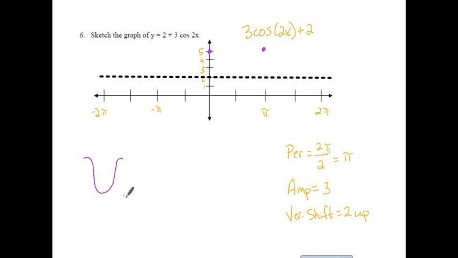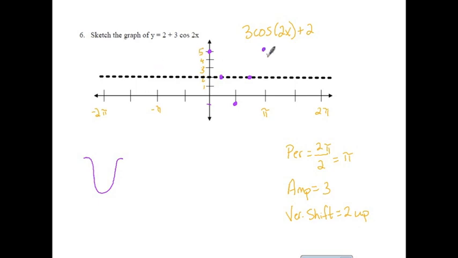Okay, halfway between those is your lowest point. Halfway between those is half of the pi there, and we've got to get as low as we're going to get. Well, we've got to go 3 down from our dotted line, so it's 1, 2, 3 right there. Halfway between these, we're back on our x-axis. I'm going to do the same thing: you can either go forwards or backwards, it doesn't matter.